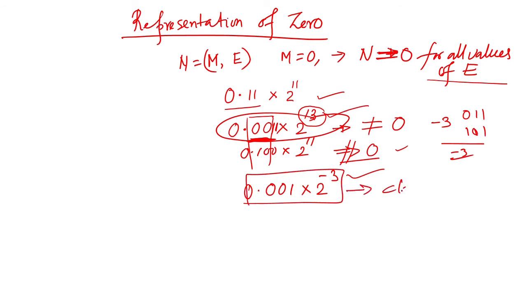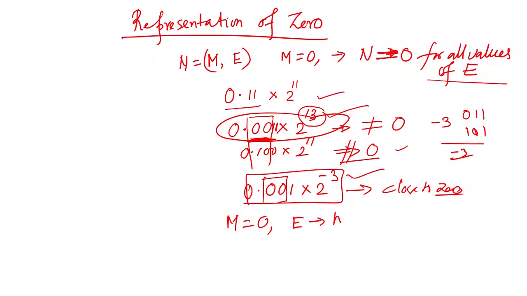Therefore, for a number to be 0, obviously the mantissa will be 0 as usual, but the exponent should have the highest representable negative number. Only then will we say the number is really close to 0; otherwise we cannot say the number is 0.